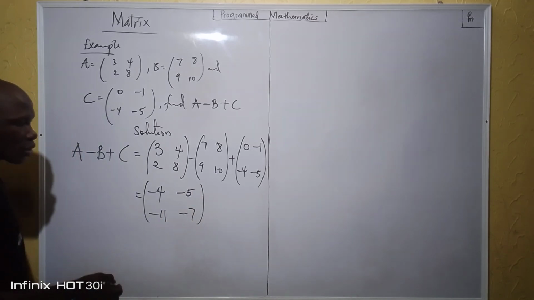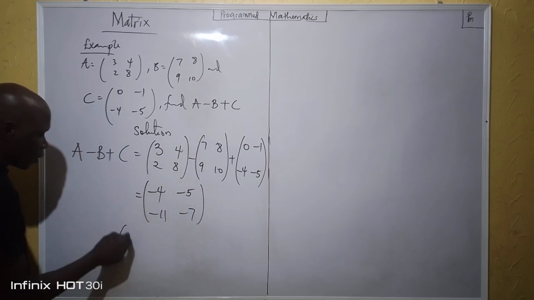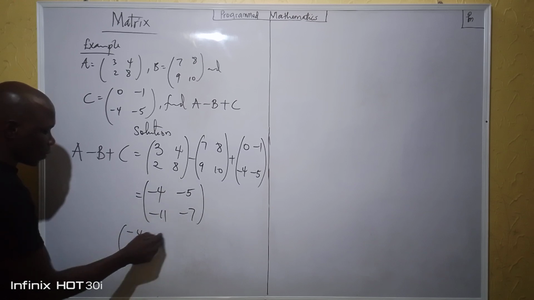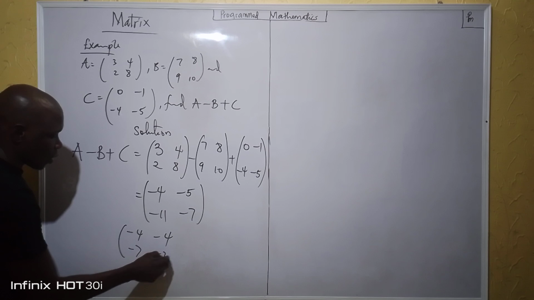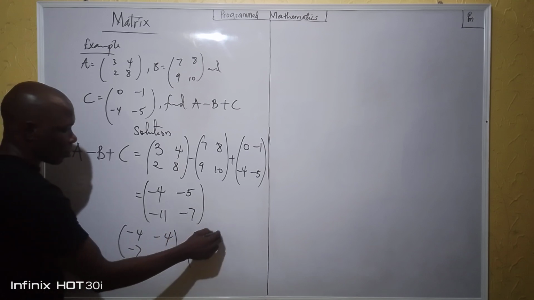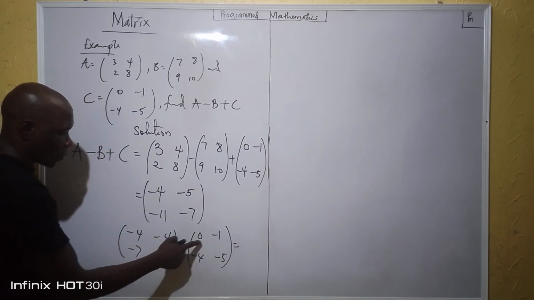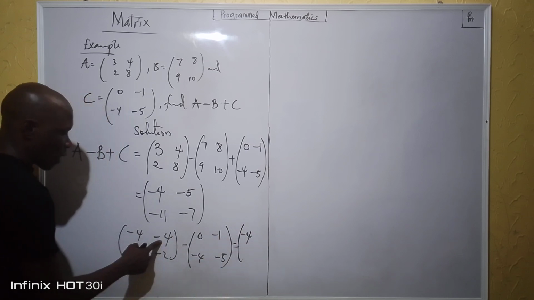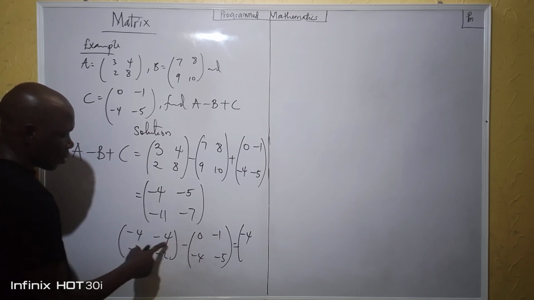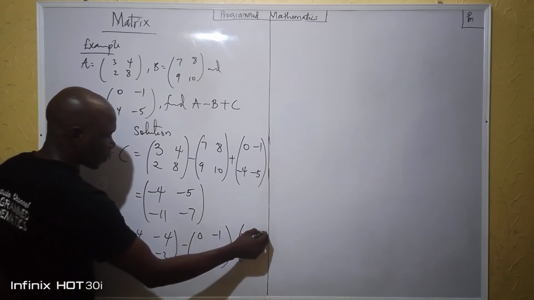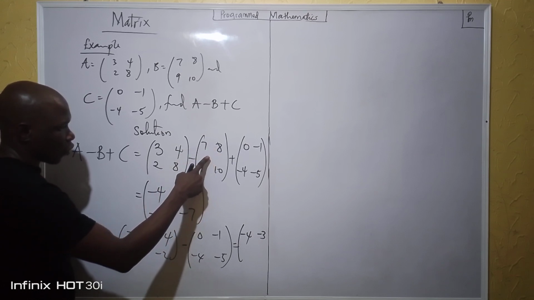And if you don't want to do it straight, it might look confusing to you. Just do it separately. 3 minus 7 is minus 4. 4 minus 8 is minus 4. 2 minus 9 is minus 7. 8 minus 10 is minus 2. So this one with 0, minus 1, minus 4, minus 5. Minus 4 minus 0 is minus 4.